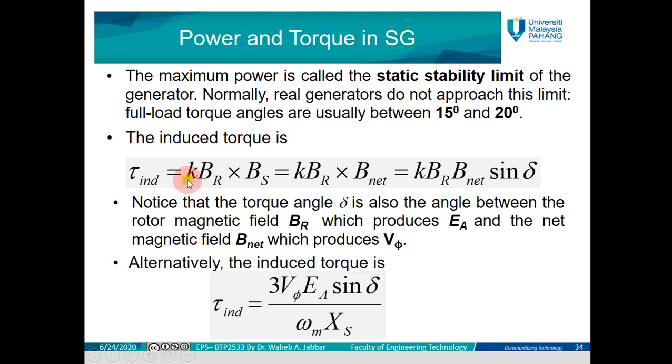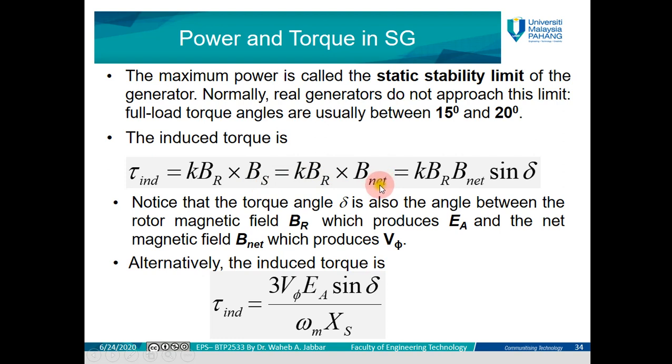The produced torque, or the induced torque, in the synchronous generator is generated due to two magnetic fluxes, the rotor magnetic flux and the stator magnetic flux. And usually the stator magnetic flux tries to destroy the rotor magnetic flux, so we have something we call the net magnetic flux.